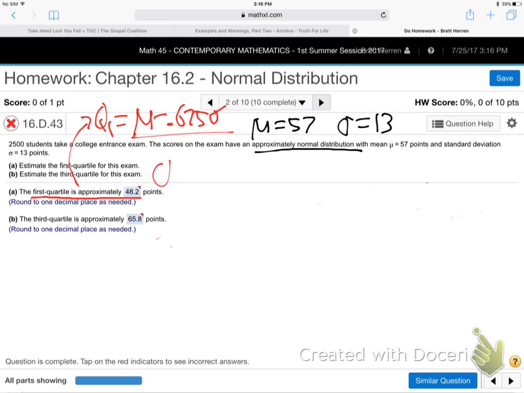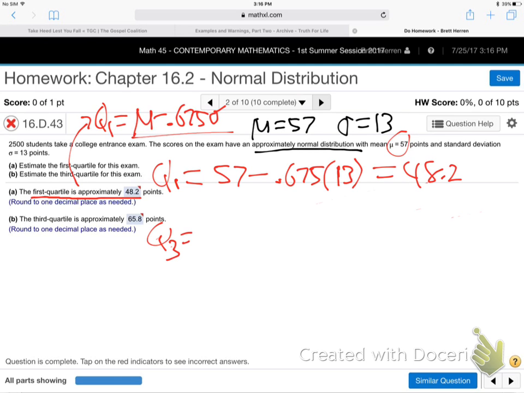All right. So Q1 is mu minus 0.675 sigma. What's the mu? What's the average? 50. All you've got to do is plug into this formula. This is a nothing problem, and I was making it more than it is. Just plug in the mu, plug in the sigma, and then hit the buttons on your calculator. I guess the answer's right here, 48.2. And for the Q3, again, just use the formula.